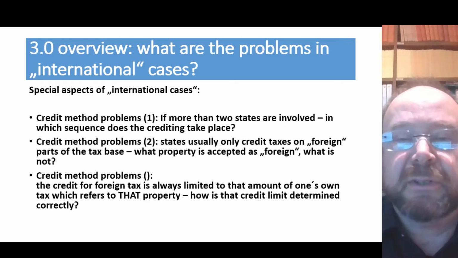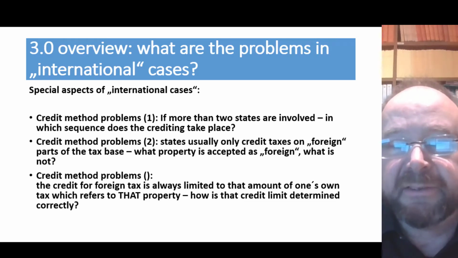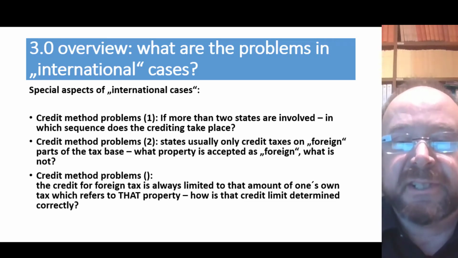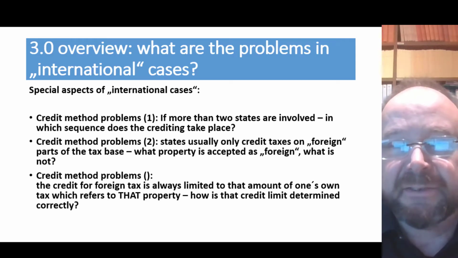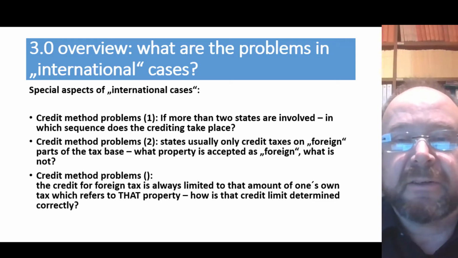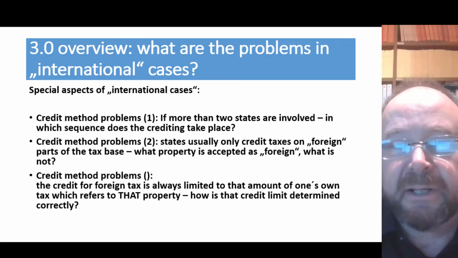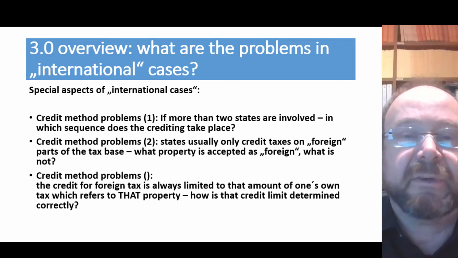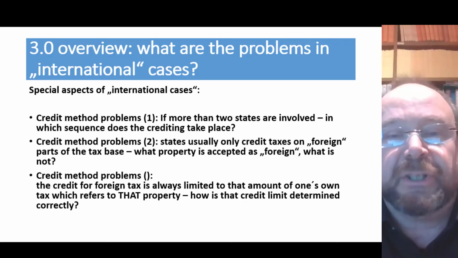First, we want to talk about the credit method, but if more than two states are involved, let's say three states, and we apply the credit method, then the question is naturally who has to grant a credit for the tax of which other state.